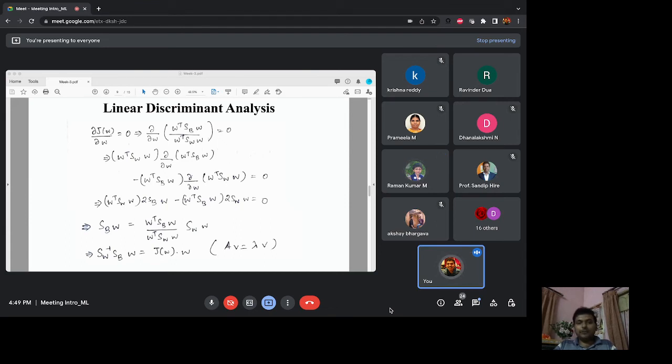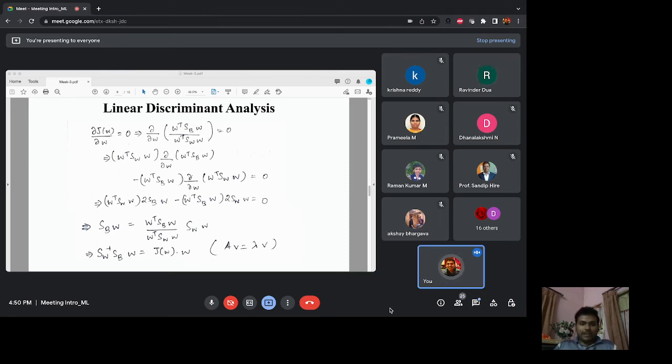You have to break it up using the product rule: W transpose times the derivative of SBW, plus the derivative of W transpose times SBW. But that goes into vector calculus, so I don't want to go into those details. Let's just say that the derivative of W transpose SBW is 2 SBW, and that's it for now.